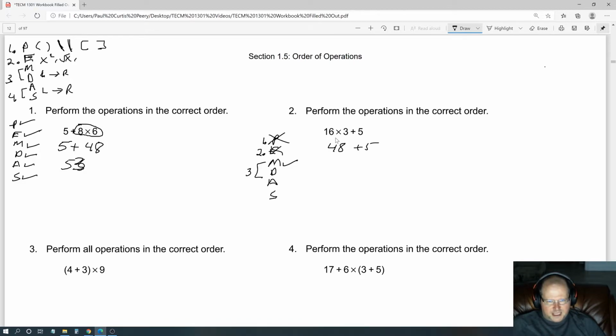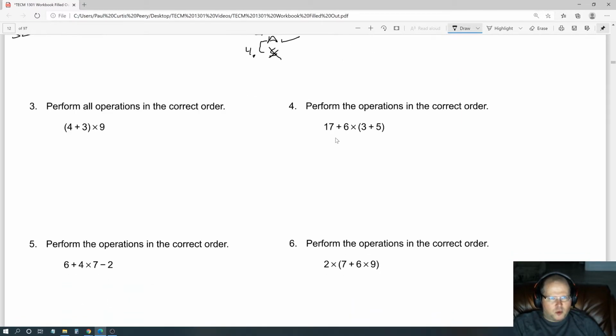Is there any more multiplication or any division? No division. What about addition, the fourth step? Yes, there is addition. 48 plus 5 is 53. And there is no subtraction, so we're done. So you do have to memorize PEMDAS, the order of operations, and then just keep going down that list, performing one step at a time.